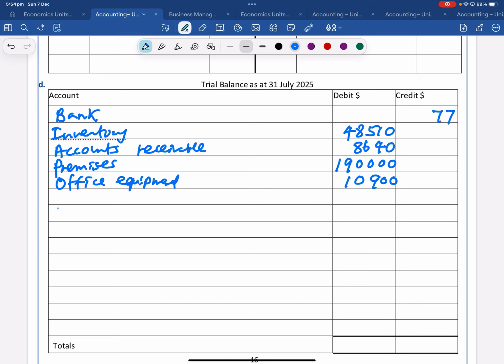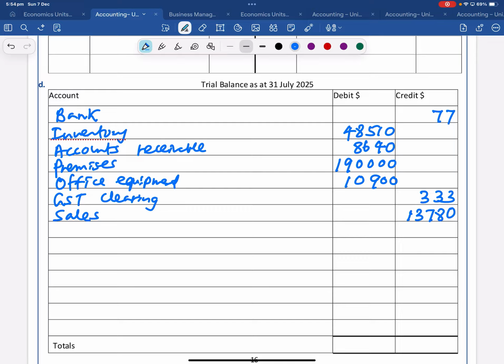Next. GST clearing. 330. Debit, credit. Sales. Credit. How much? 13,780.